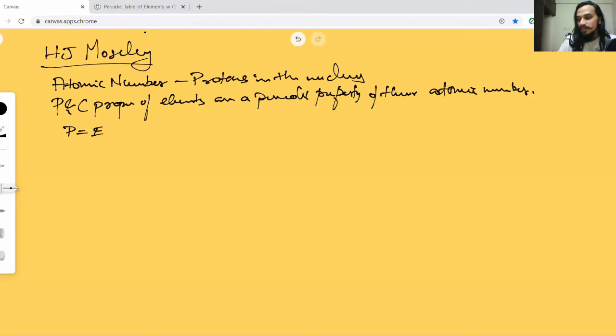For example, hydrogen has one electron drawn outside and one proton inside. Helium has two protons inside and two electrons outside. So in the neutral state, atomic number can also be the number of electrons of the atom.